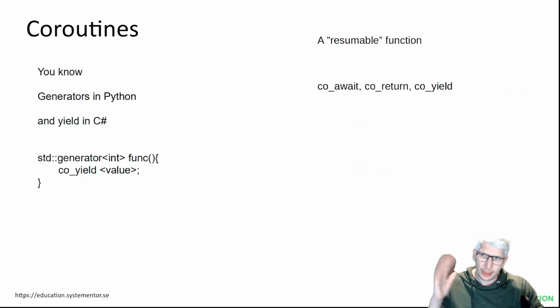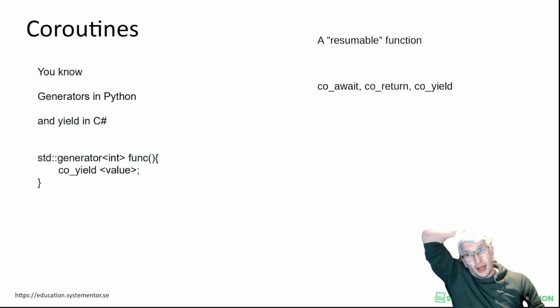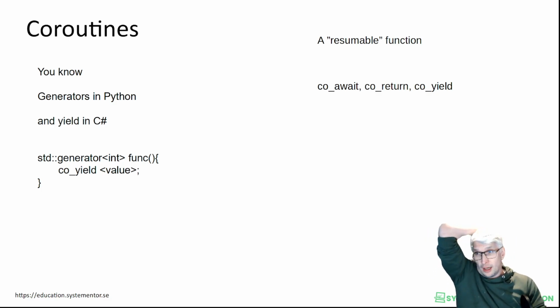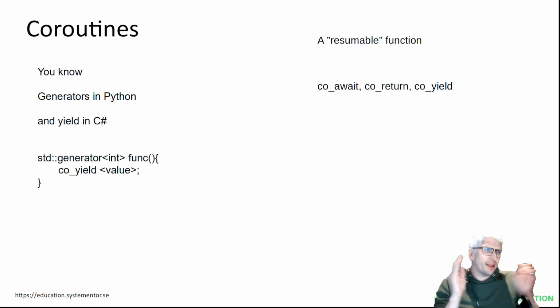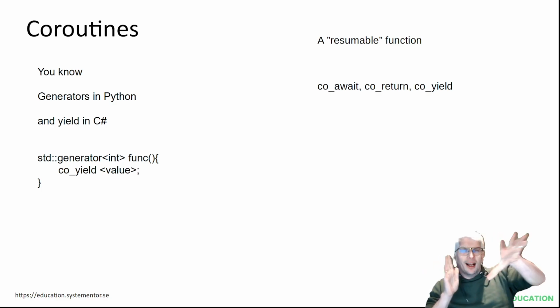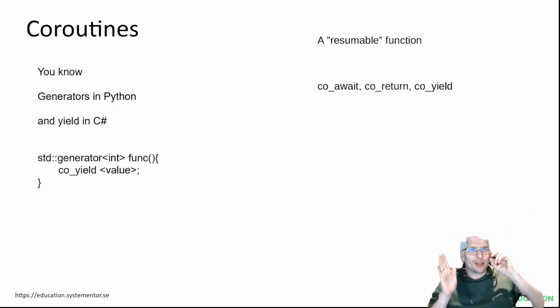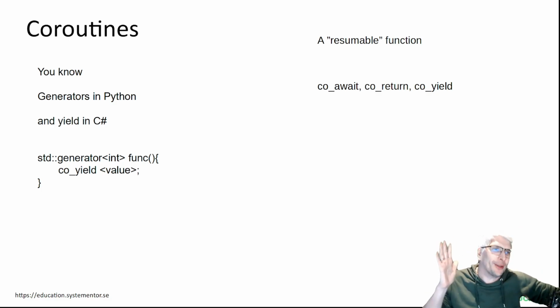Coroutines. Let's talk about coroutines quickly. I bet you have heard about or seen or used yield in C#. We have generators in Python, which return one value at a time. Say we should filter a large vector.